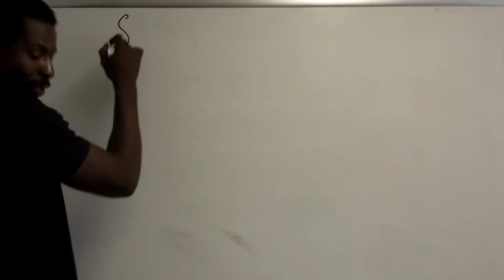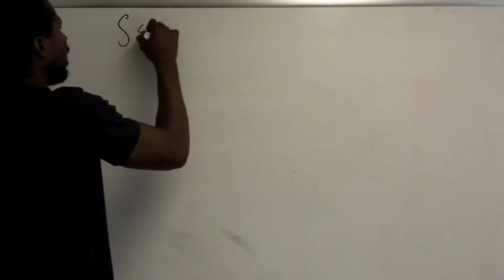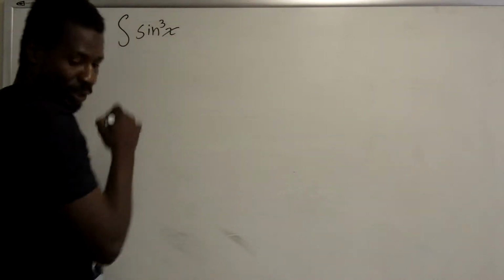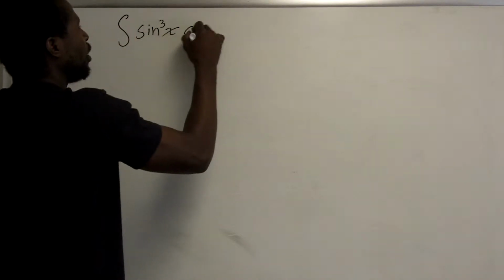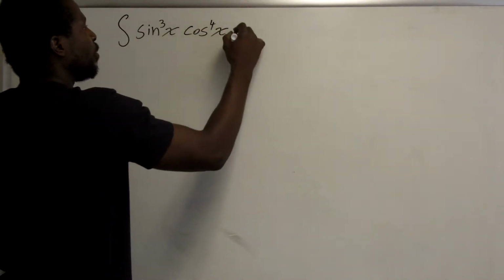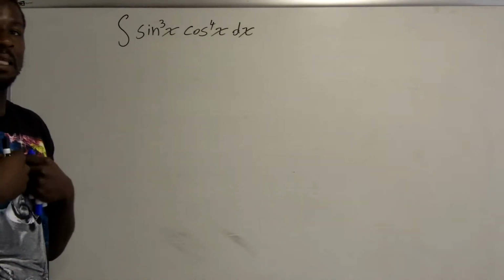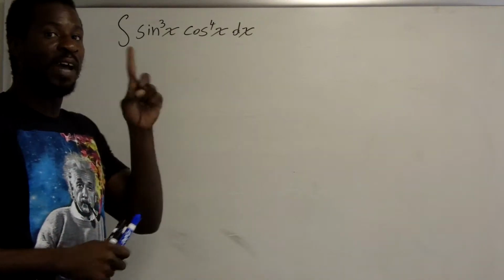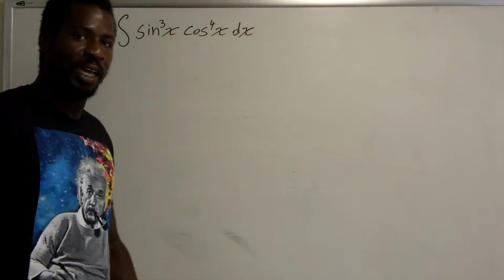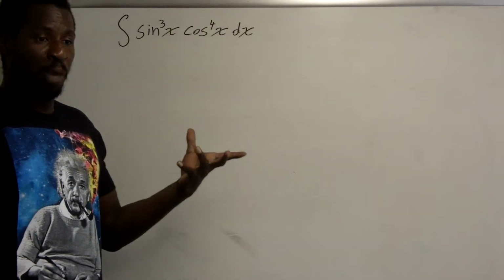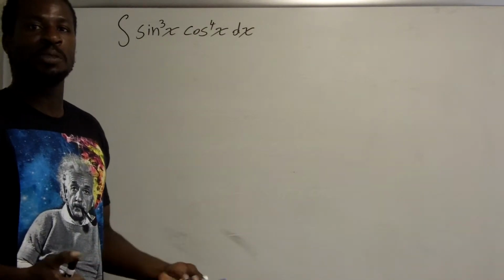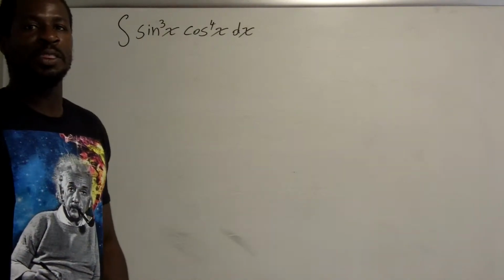The first integral I want to look at is the integral of the sine cubed of x cosine to the fourth of x dx. Now, based on the criteria, I need either a single factor of sine or cosine to make my du, so I can do the u substitution and integrate it as u to the nth du.